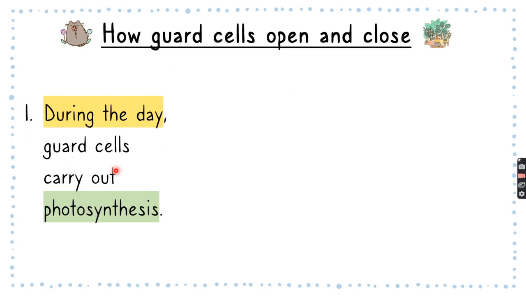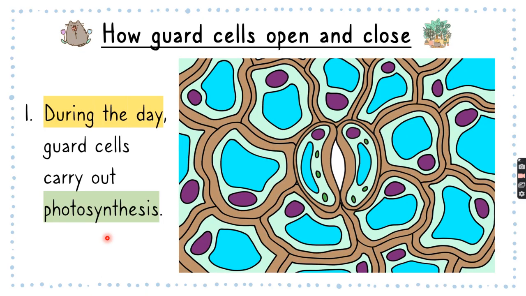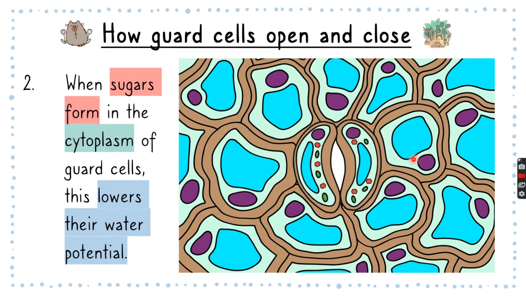During the day, guard cells carry out photosynthesis, and this is because they are the only ones here that actually have the chloroplast. During photosynthesis, sugars form in the cytoplasm of the guard cells, and this then lowers the water potential.